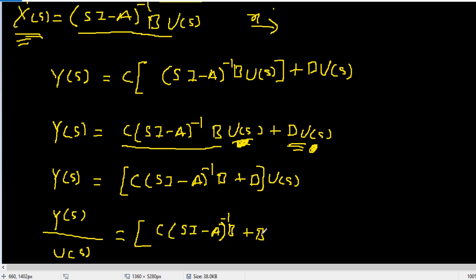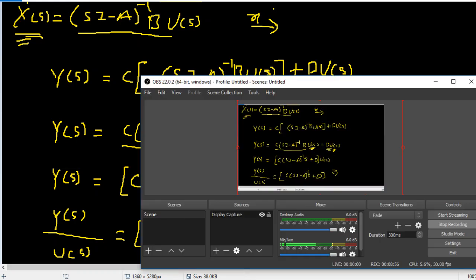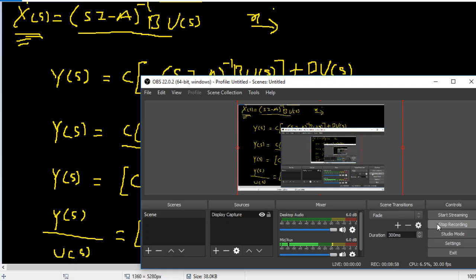Okay, clear. This is the D side. Now you can convert any state model into its transfer function. This is the standard transfer function equation which we conclude for any state model.